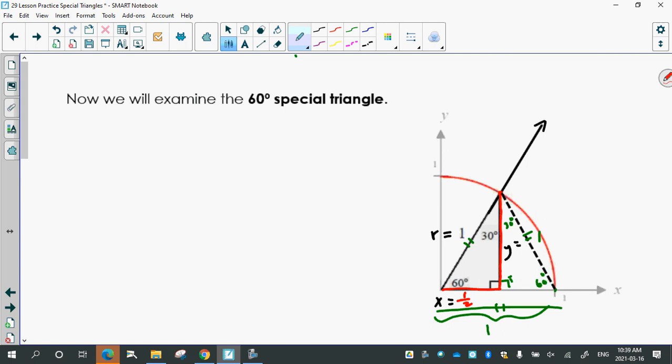So we have x being half and r being 1, and it's Pythagorean. So this triangle is Pythagorean. It's a right angle triangle. So I can use r squared equals x squared plus y squared. R is 1. X is 1/2. And y is what we want to determine.